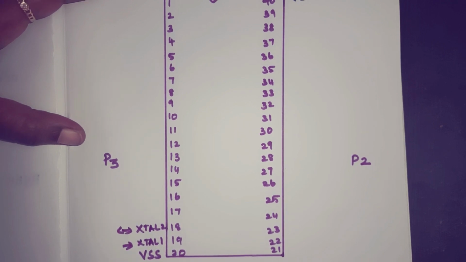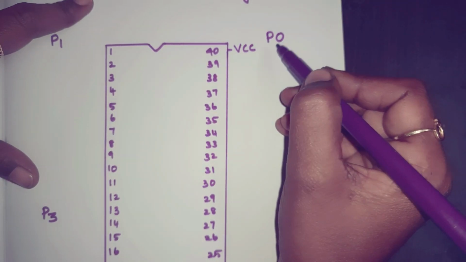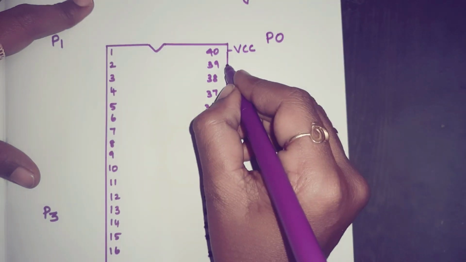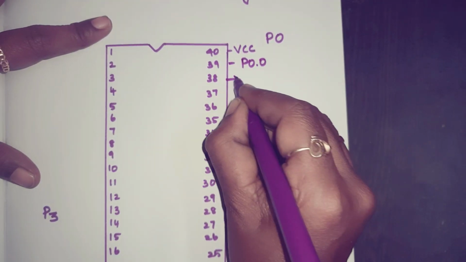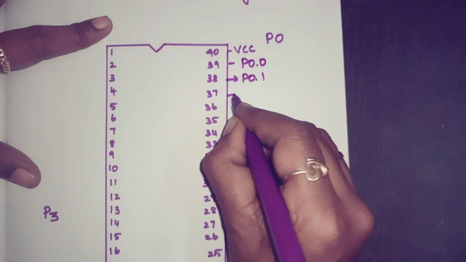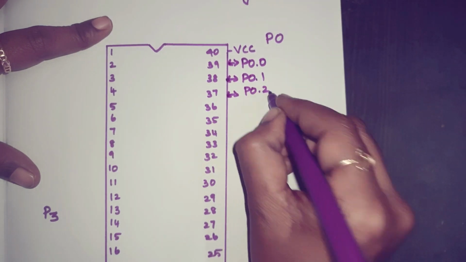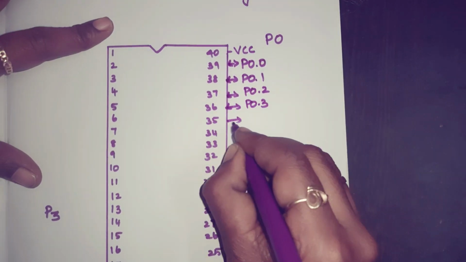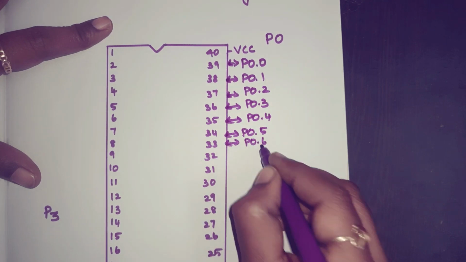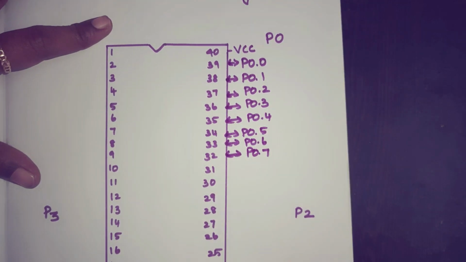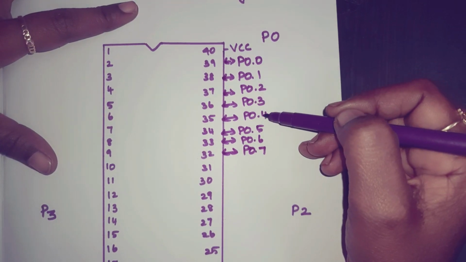So next we will fix port 0. Port 0 has 8 pins, that is port 0, 0 to 7. So you have to start from 39th pin. This is port 0, 0th pin, first pin. It is a bidirectional pin. So it acts as IO lines, that is input output pin.